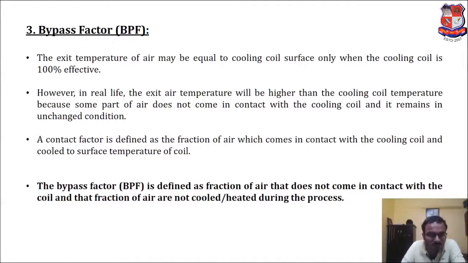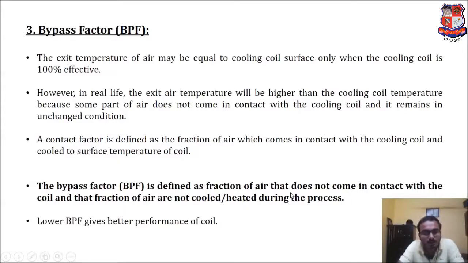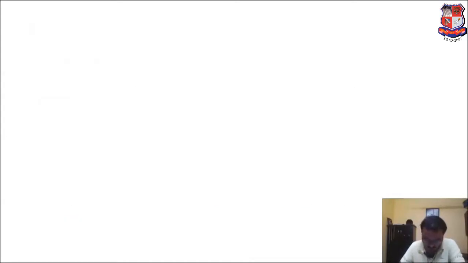So the two are opposite factors, completely reverse. Contact factor means the portion of air which is coming in contact, and bypass factor is the fraction of air which is not coming in contact. A lower bypass factor gives better performance of the coil. So we will study this through a diagram.